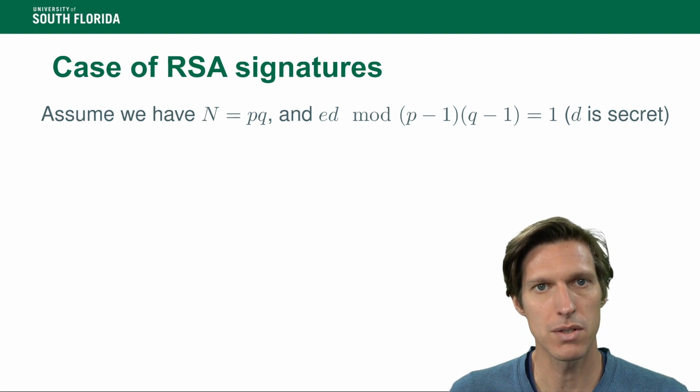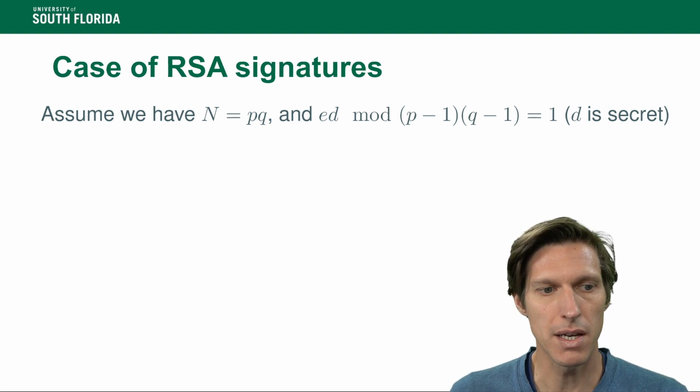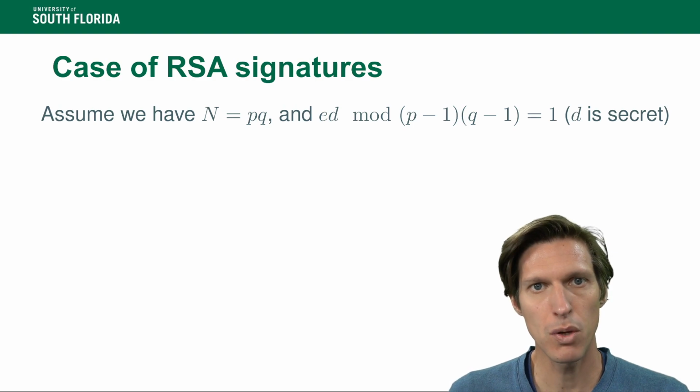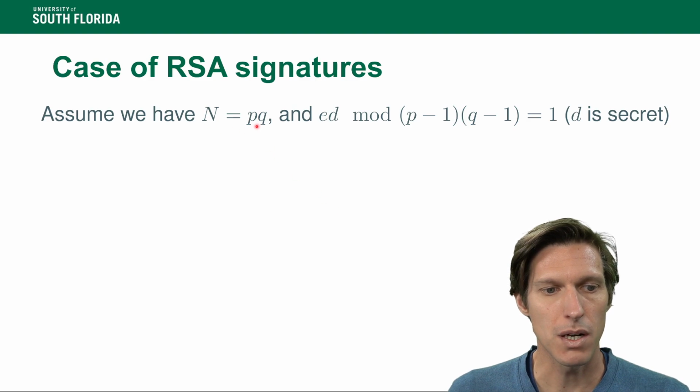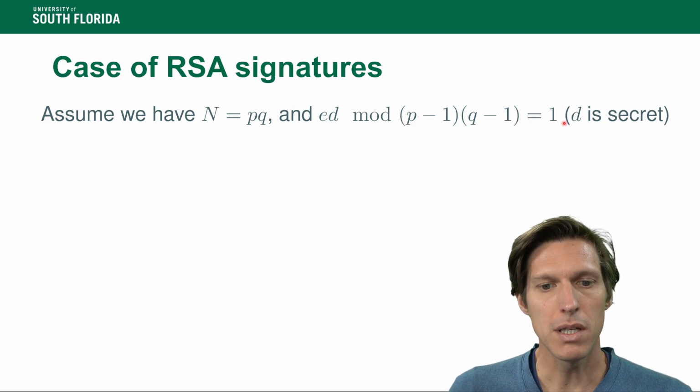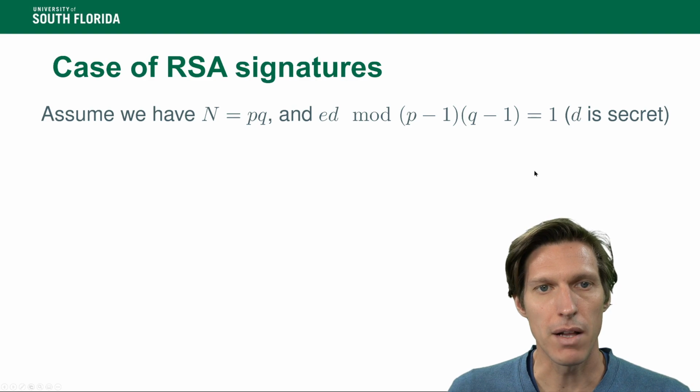So how could we do this on the example of the RSA one-way function? Remember, we successfully used the RSA one-way function to perform public key encryption, but we can also use the same function to do signatures. So here is a quick recap. We have that n equals p times q, where p and q are primes, and we have e and d such that e times d modulo (p minus 1)(q minus 1) equals 1, and d here is the secret value.